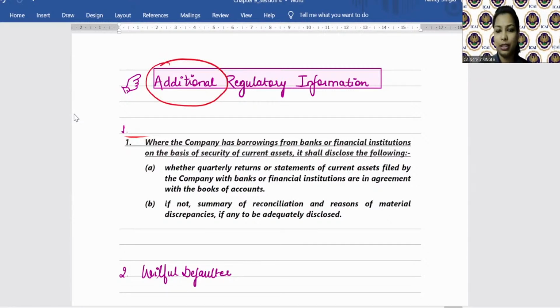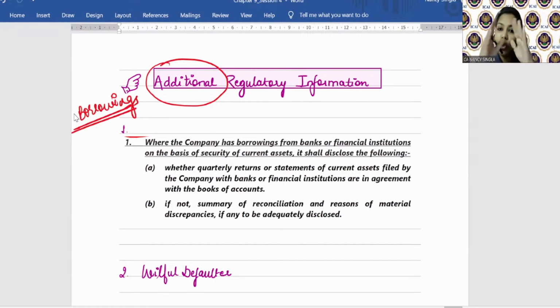Now let us first start with the additional regulatory information relating to what? Borrowings. Whatever information with respect to borrowings is to be given, let us first start that.